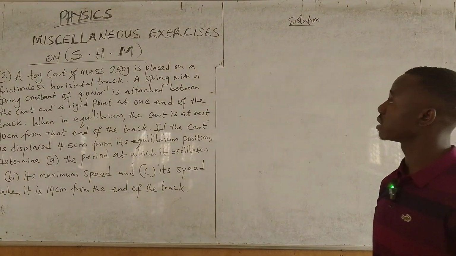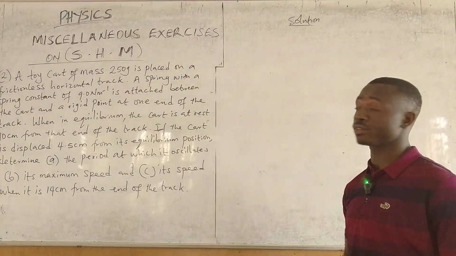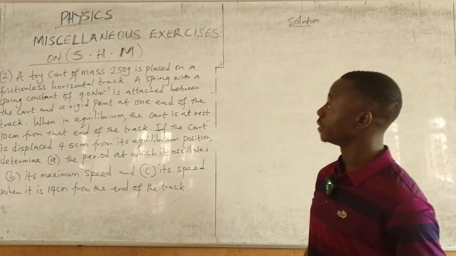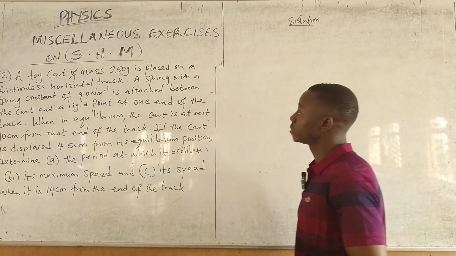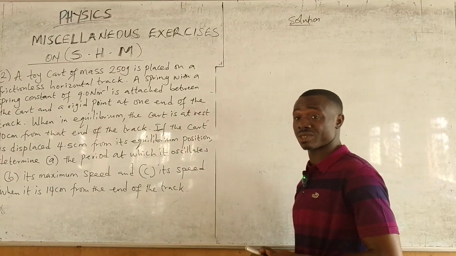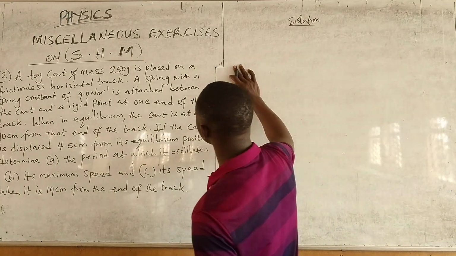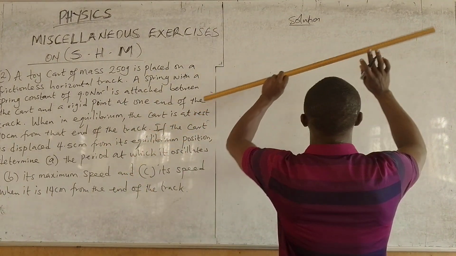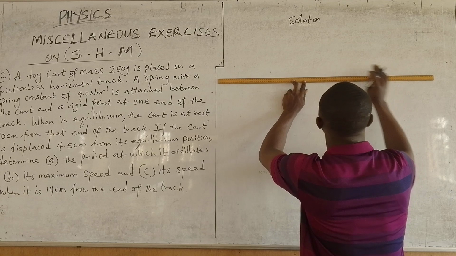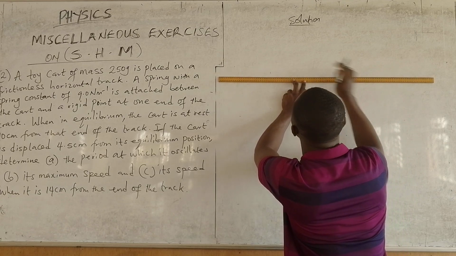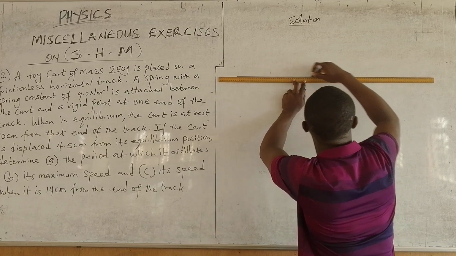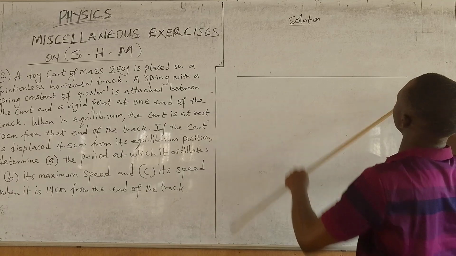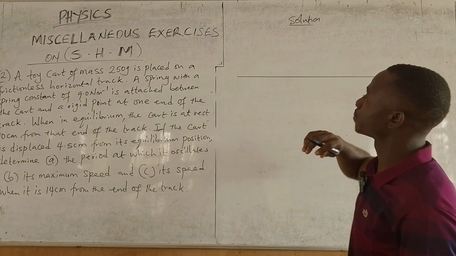A toy cart of mass 250 grams is placed on a frictionless horizontal table, horizontal track. So, assuming this is a track, this is horizontal. We are told the track is horizontal.